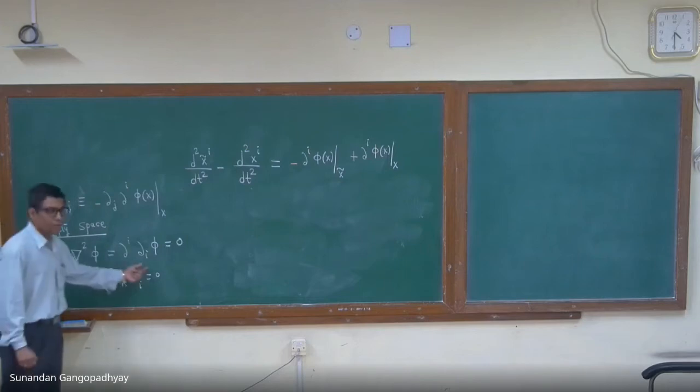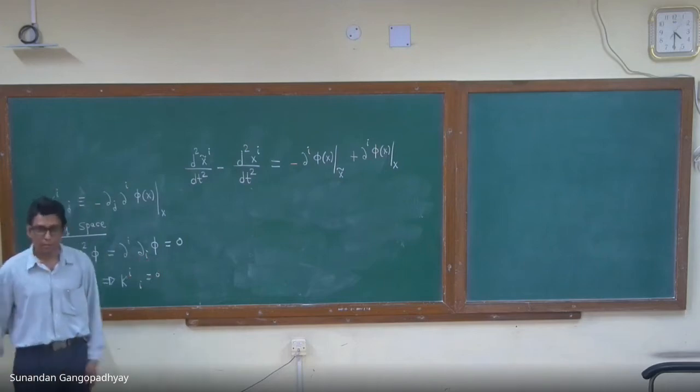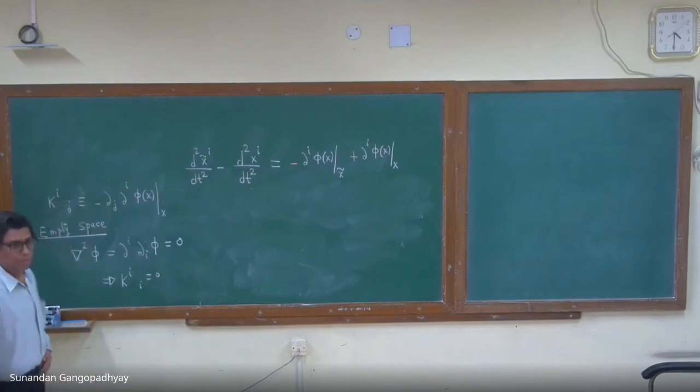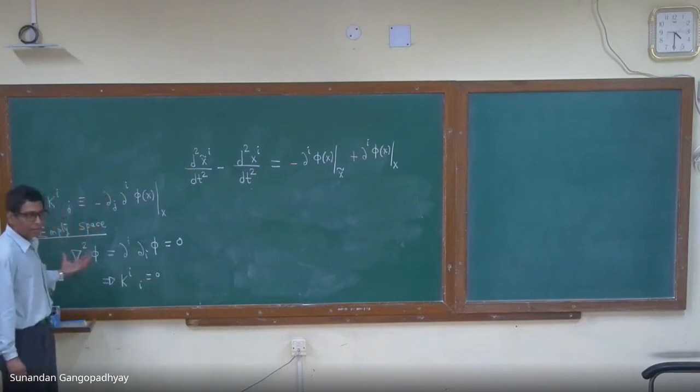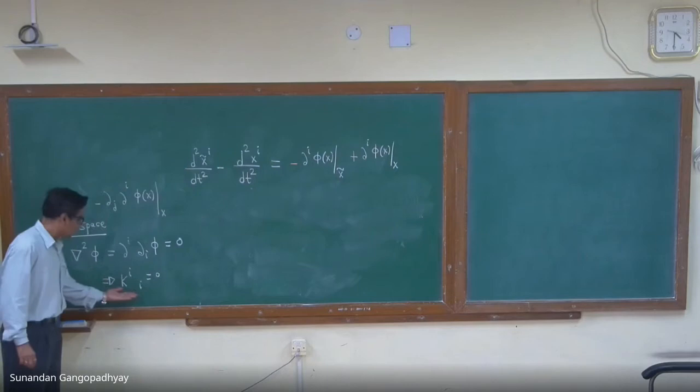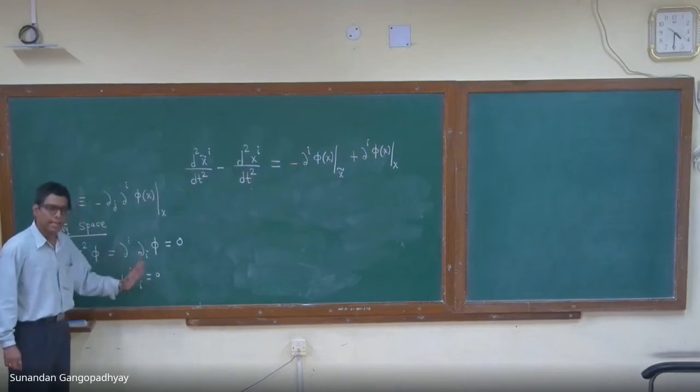This ii obviously denotes the spatial indices, right? It does not have the time. Now, so in empty space, we have Kii equal to 0. This is exact.